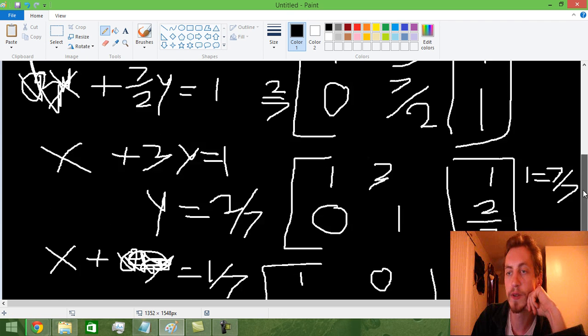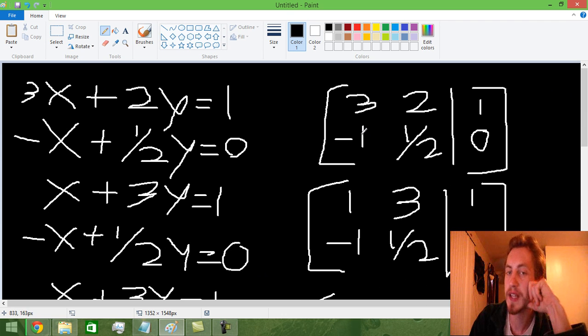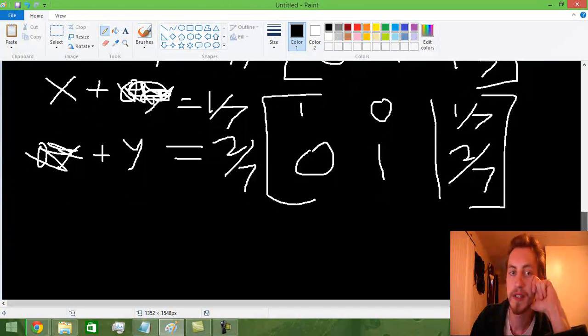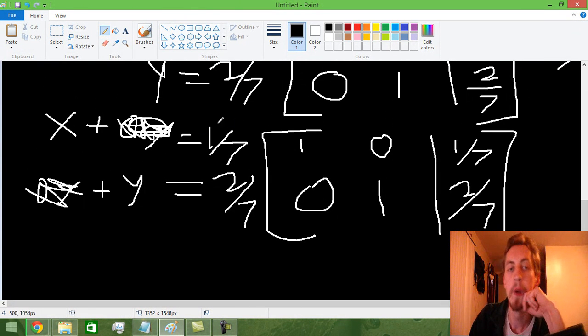Now, if we scroll up to the top, you can see that minus 1x plus 1/2 y equals 0. So negative 1 seventh plus half of 2 sevenths equals 0.